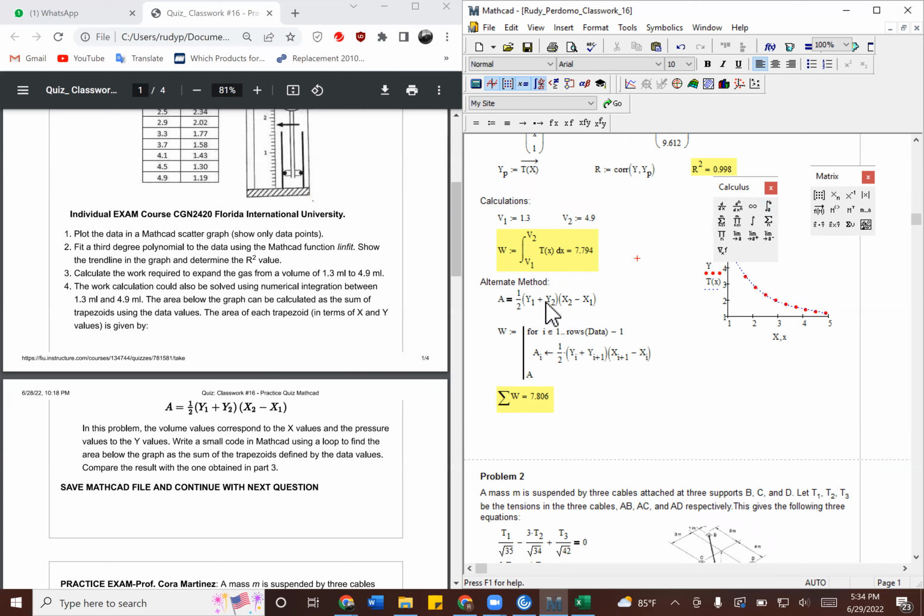And then y1 plus y2 divided by 2 is you just take the average of the two bases. So the y value at 3 and the y value at 4, you divide by 2, and then multiply it by the base, and then you should have the area.